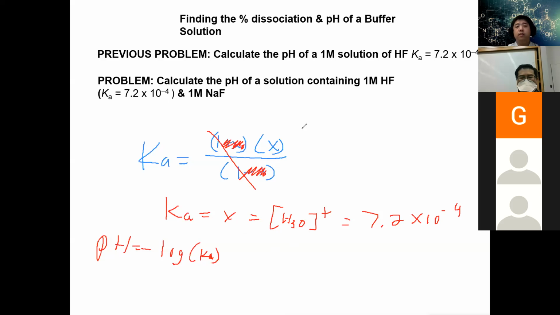Not Kb. So once again, if I have H plus and I'm taking the negative log of this number, it should give me pH. So it is pKa. The negative log of Ka is equal to your pKa. Negative log of OH is equal to your pOH. Negative log of H plus is equal to your pH.